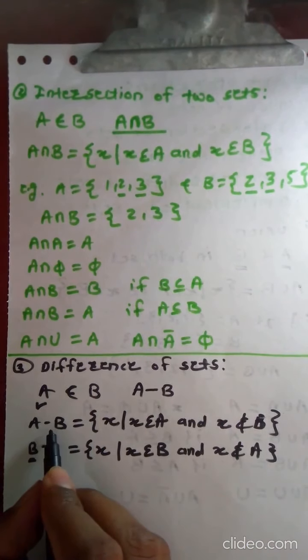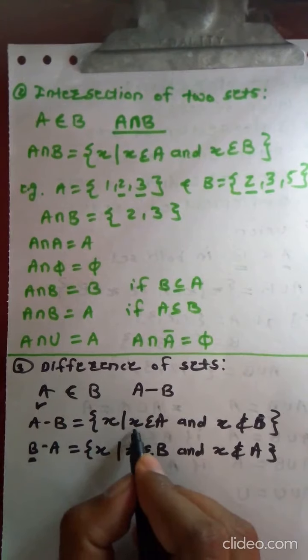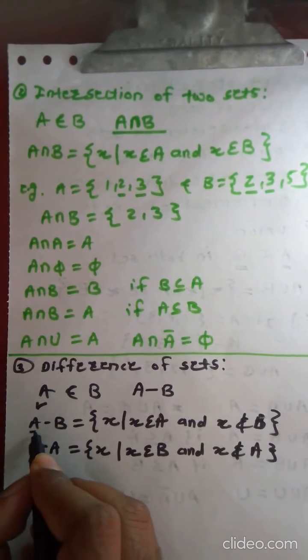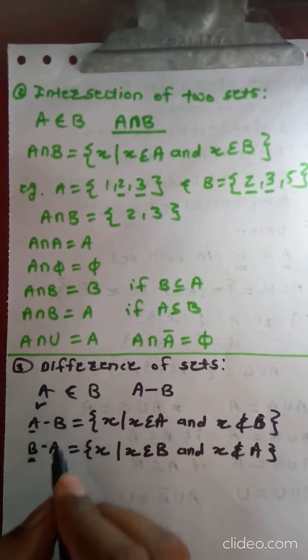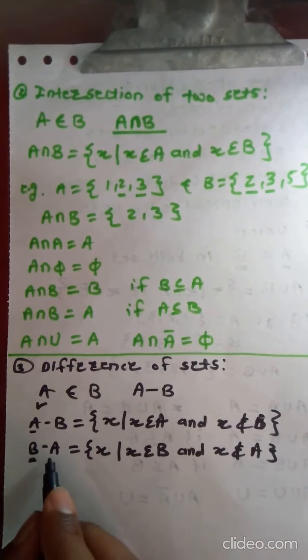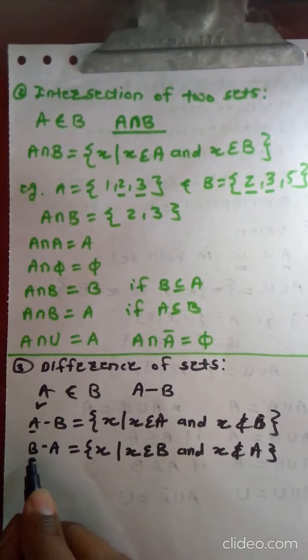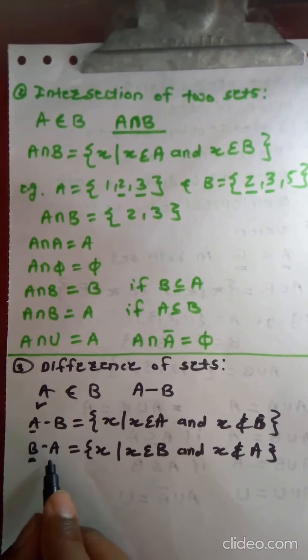In A minus B, the element x belongs to the first set, but the same element does not belong to set B. In the same way, in B minus A, the element belongs to set B but does not belong to set A.